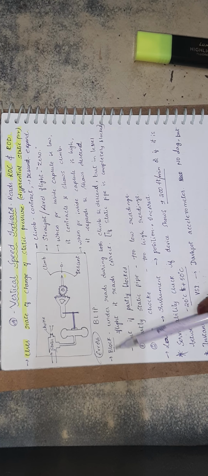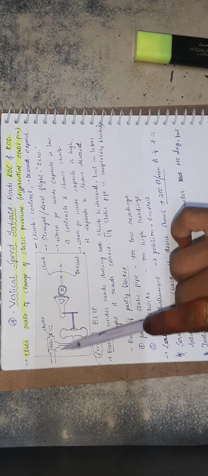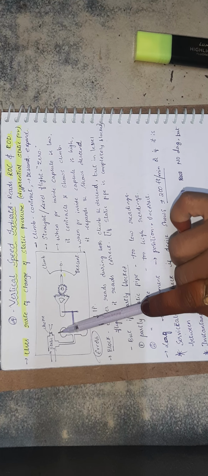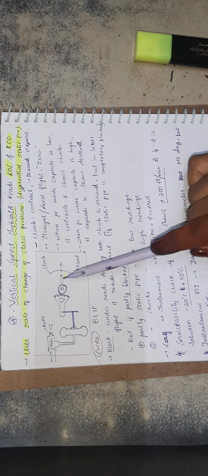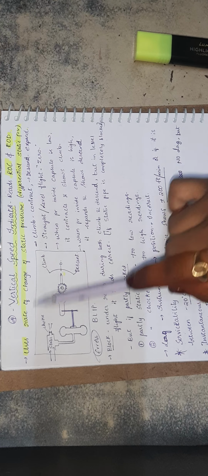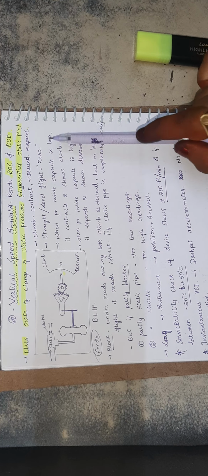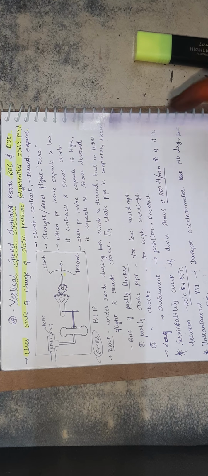We should consider whether it is completely blocked or partially blocked. If the static pipe is completely blocked, then whether it is climbing or descending, the instrument underreads, but during straight or level flight, it reads correctly, showing 0.